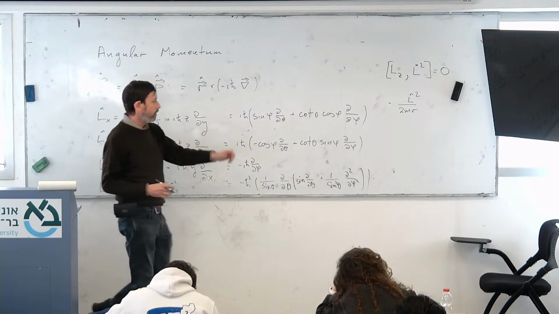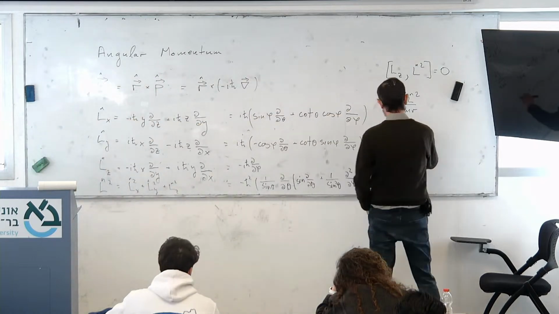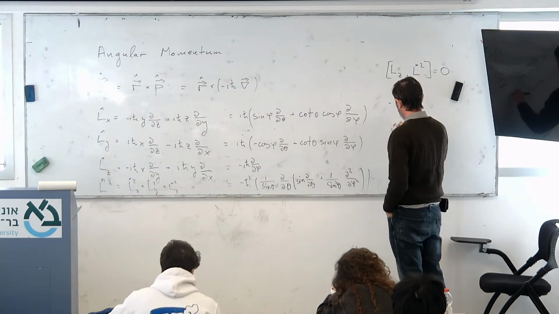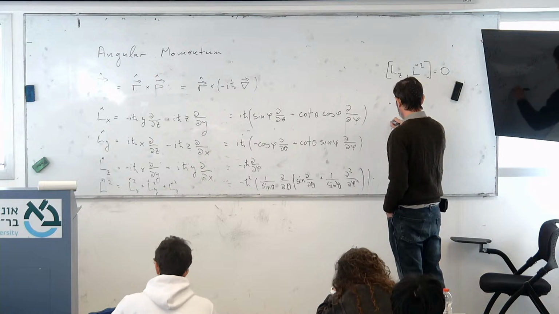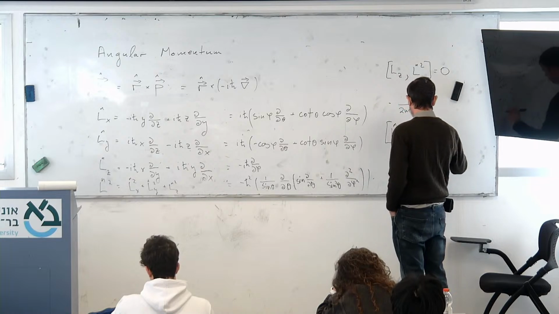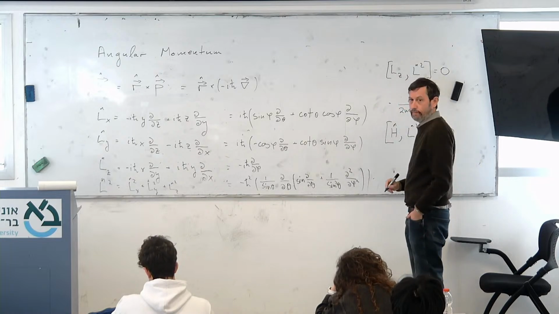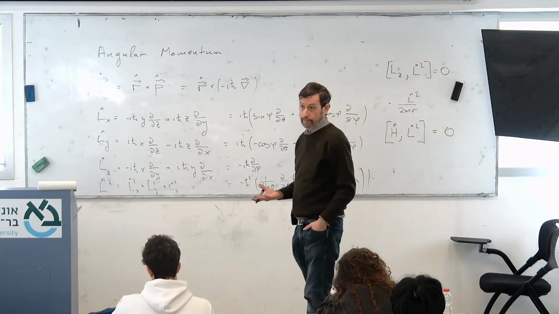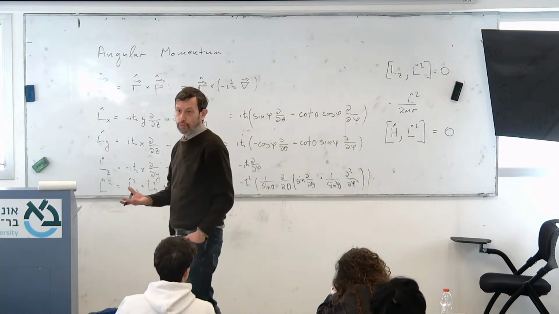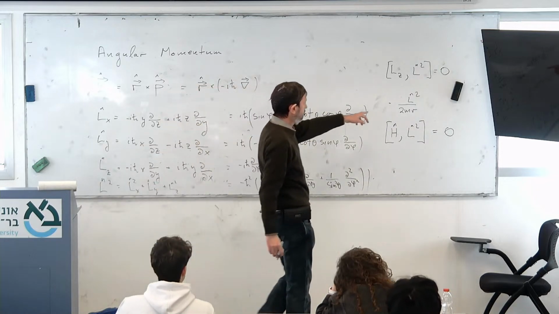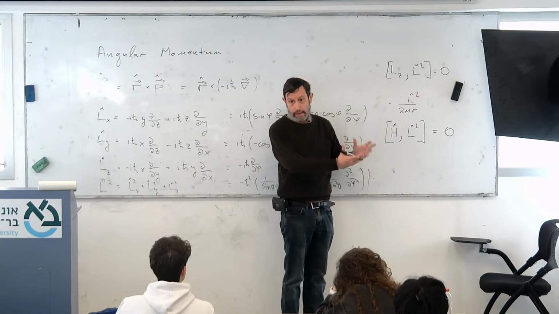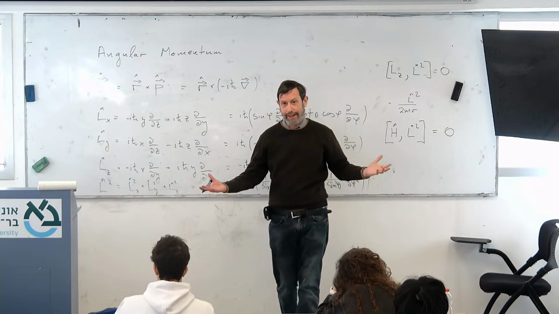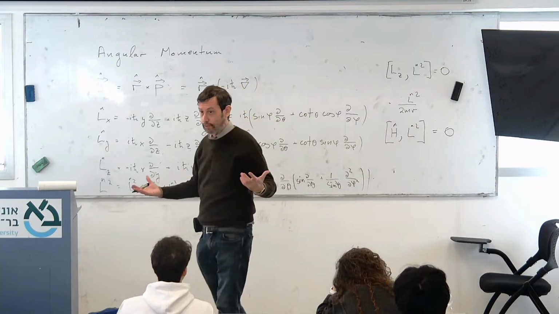So, after seeing this, okay, because H, what does it have? This part, which commutes with L squared, and some part that depends only on R. Yeah, no problem.